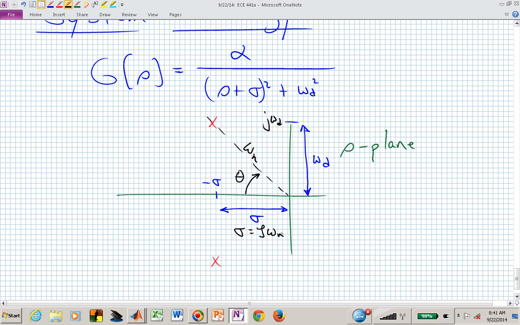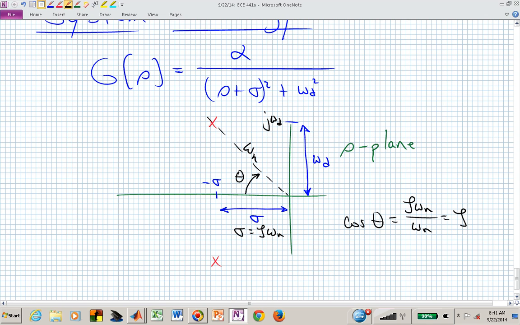And we might even reparameterize sigma in terms of zeta. And what's zeta? Well, if I said sigma is zeta omega sub n, and the hypotenuse is omega sub n, can you tell me anything about the cosine of theta? Cosine of theta is adjacent over hypotenuse. It's zeta omega sub n over omega sub n.